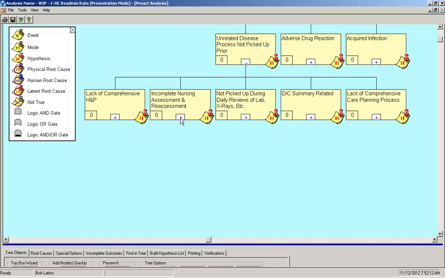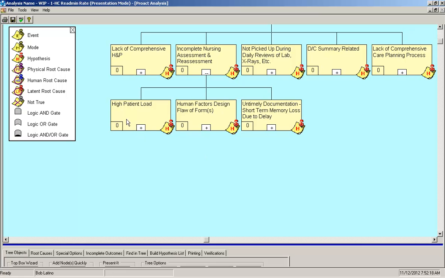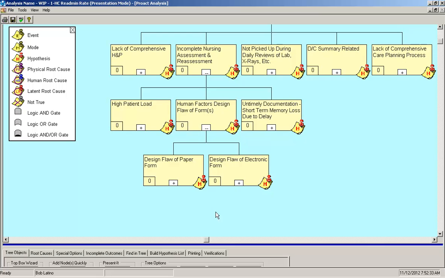We're going to continue and ask, how could we have an incomplete nursing assessment and reassessment? High patient load, human factors design flaw of a form, untimely documentation, short-term memory loss due to a delay. We're going to follow, how could we have a human factors design flaw of a form?